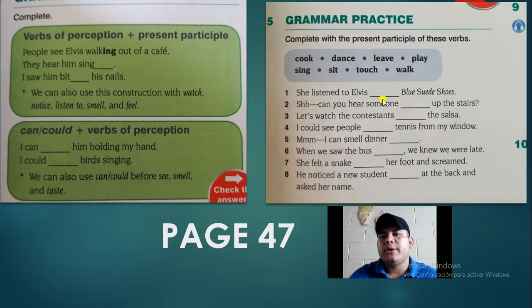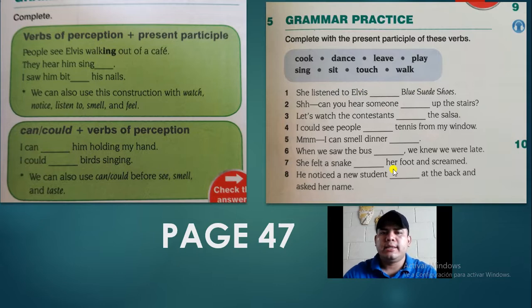You are going to choose the correct option. She listened to Elvis what? Actually, this is a song, guys. Blue Suede Shoes is a song from Elvis Presley. So since this is a song, we are going to use the verb sing. She listened to Elvis singing, right? And then you complete the other part.